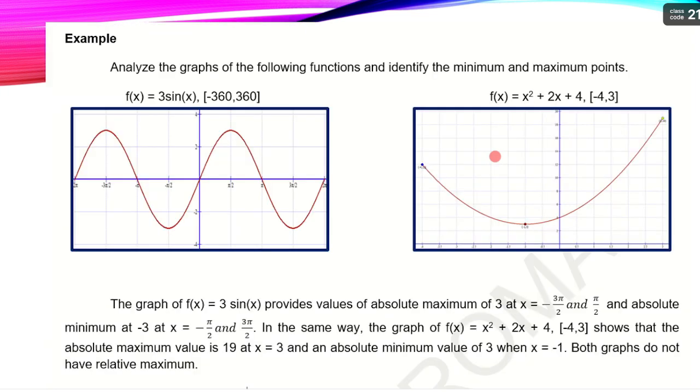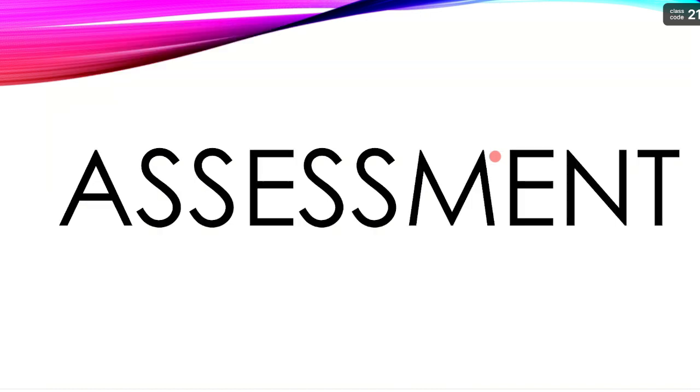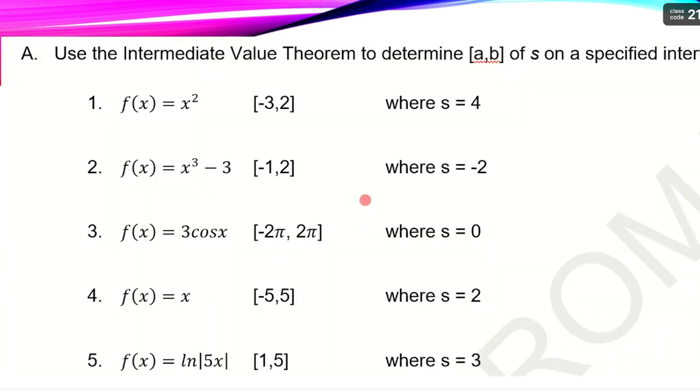Okay? So, any further question? Hearing none, you are going to do this assessment. You're using the intermediate value theorem to determine the interval of s on a specified interval.